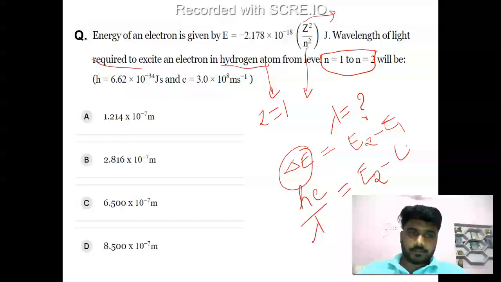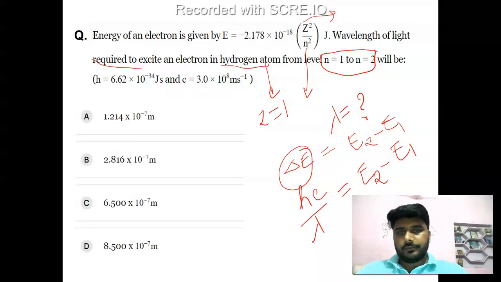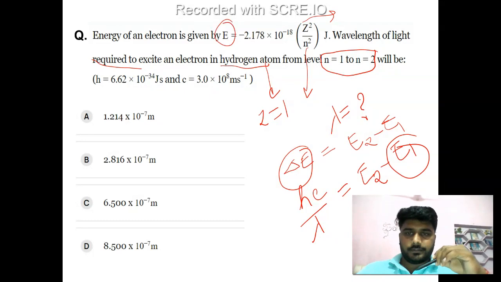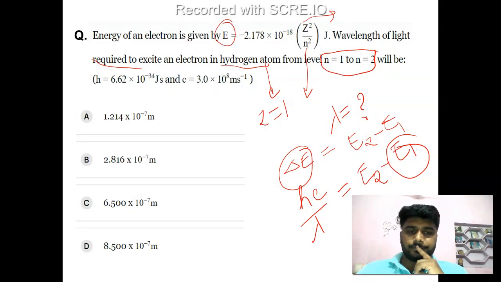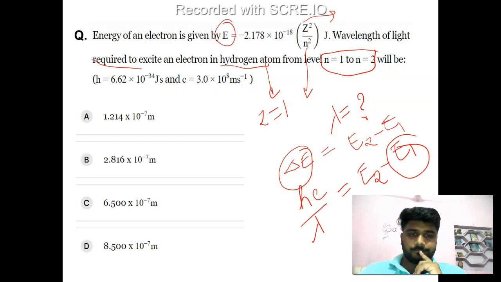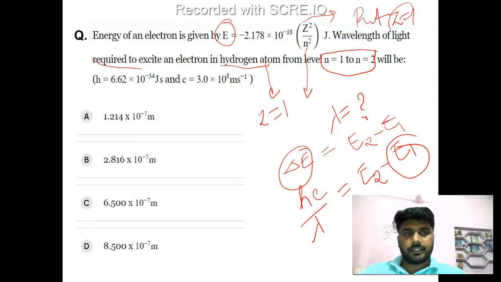E2 value you can get from here, and E1 value you can also get from here. Put Z equal to 1 here for hydrogen.